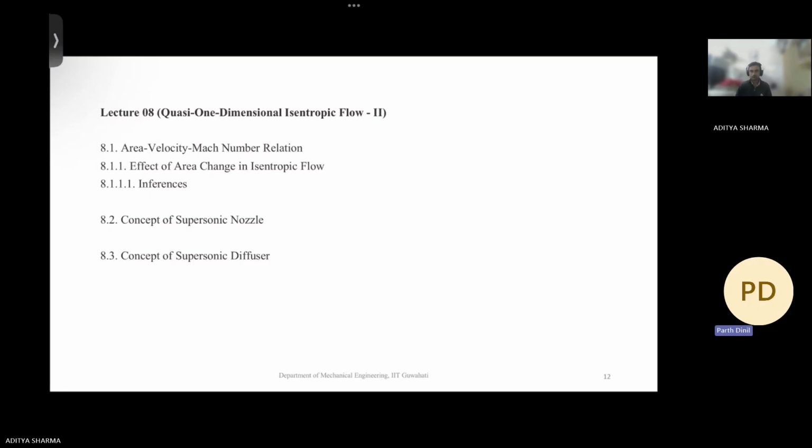Yes, sir. I sent a picture for the isentropic flow stagnation conditions graph.